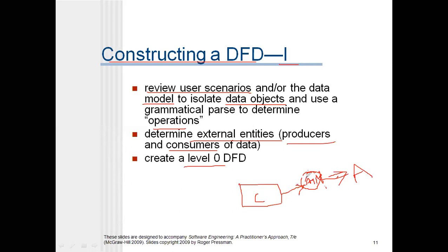Which kind of symbol have I used here? Circle symbol. I have put the total ATM in a circle symbol. Why? Because within that only the work should be done. And what is the outcome of that ATM machine? It may give some amount, or there is one more outcome also. What is that? It may give a slip to the user after withdrawal.